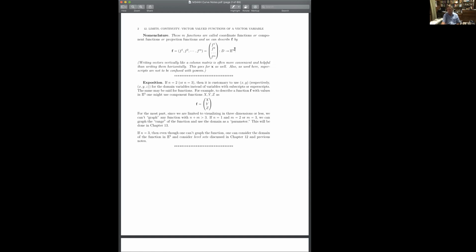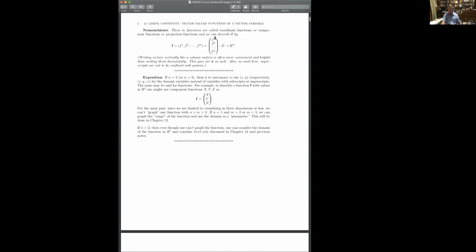When you go into m dimensions, you will have m functions, and each of these is like the ones in chapter 14. In other words, f1 will take n dimensions into 1. f2 will take n dimensions into 1. You don't see the n dimensions here in this picture. I tell you here it's 2 or 3, saying the domain.